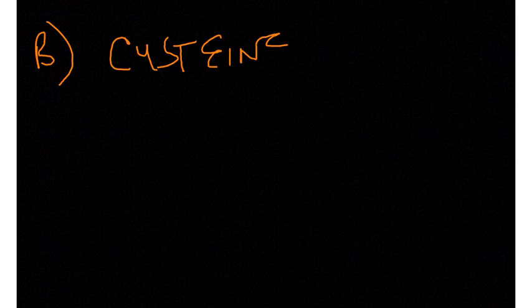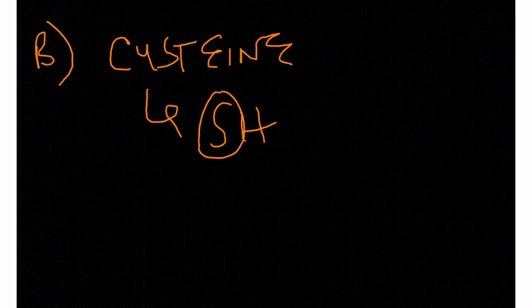Next question. The sulfur test can be used to detect which amino acid? Of the amino acids present only cysteine has a thiol group or sulfur. So the answer choice is B. For this question, you'll also want to understand and know the different tests that there are for amino acids.